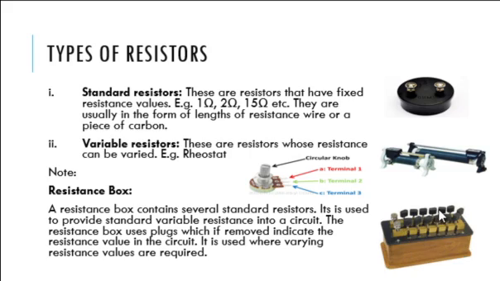These plugs you see here are standard resistors, and it is used to provide standard variable resistance in a circuit. The key, the plug that is removed here, indicates the resistance value that is in the circuit. So if you need the resistance of the circuit to be changed or varied, you need this box. It is the most suitable to provide such variable resistances in a circuit.